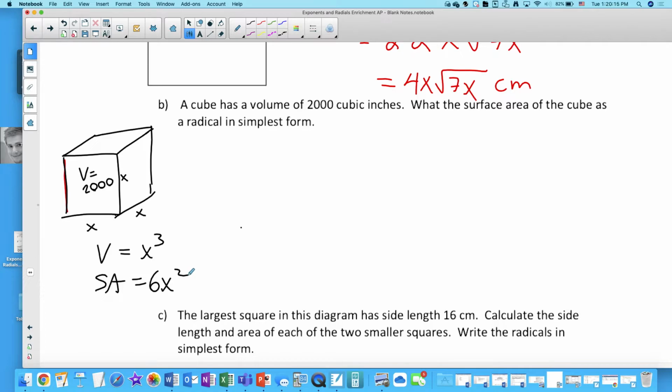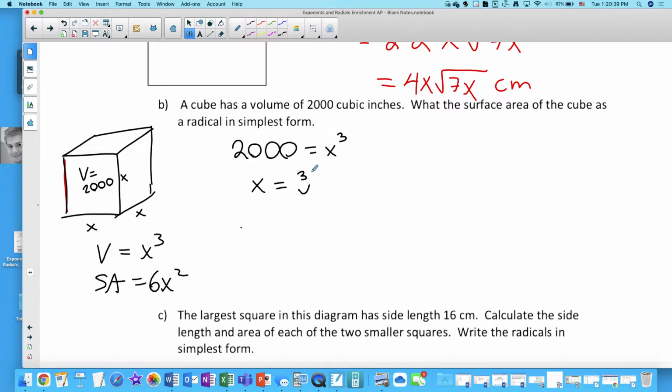Yes, we're going to get back to yours in a second. Okay? Yeah, you can do it that way. All right, so we have 2,000 equals x cubed. So x is going to be the cube root of 2,000.